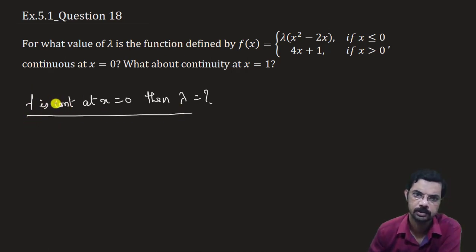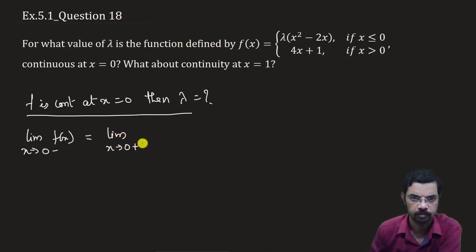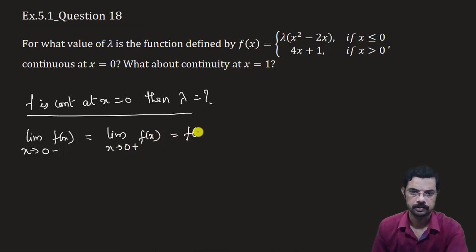Let f be continuous at x equal to 0. So therefore we know that limit x tends to 0 from the left, f of x will be equal to limit x tends to 0 from the right, f of x, which will be equal to f of 0.